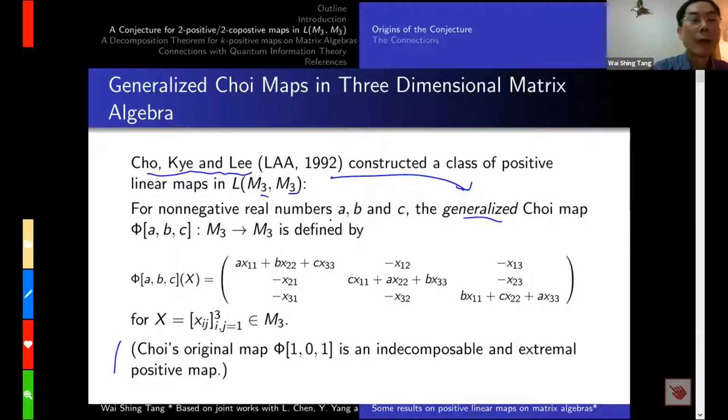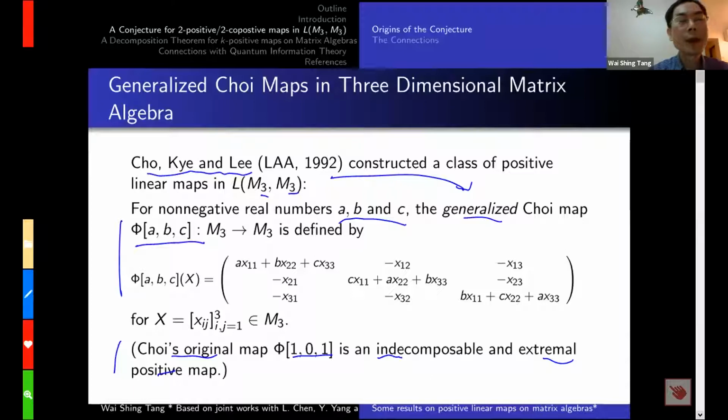For the 3 parameters A, B, and C, they defined a family of maps phi A, B, C, a map from M3 into M3 in this manner. Now, the original Choi map takes the special numbers A equals 1, B equals 0, and C equals 1. And it has a very interesting property. It's an indecomposable and extremal positive map. Indeed, this is the first example of a positive map that is indecomposable on matrix algebras.